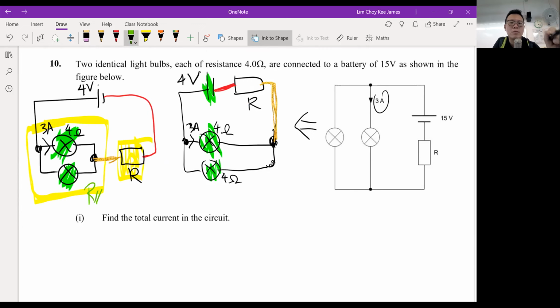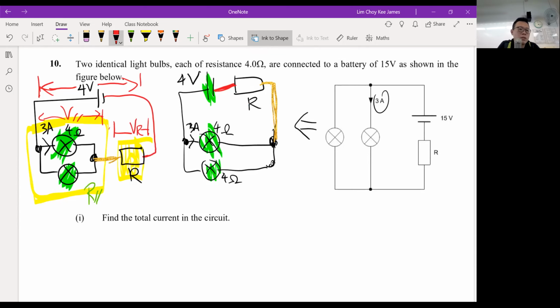From here you will see that the 4 volt EMF, which most of us know, is actually providing the potential difference, or energy, for the resistor and also for the parallel branch.